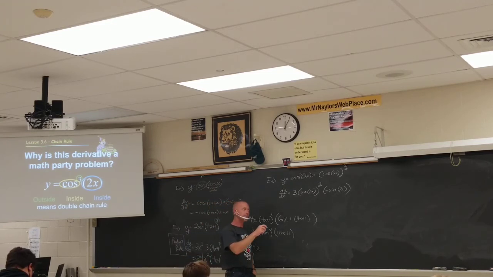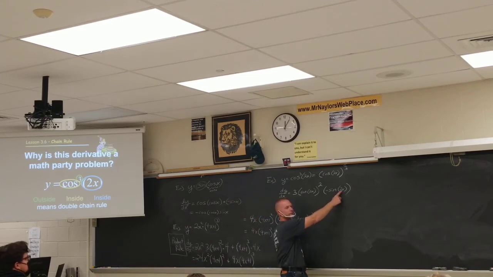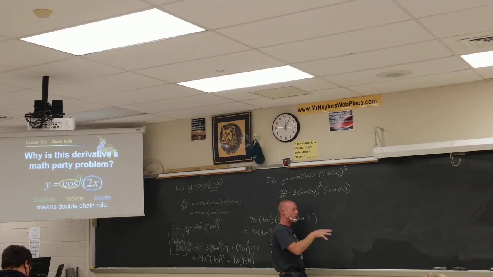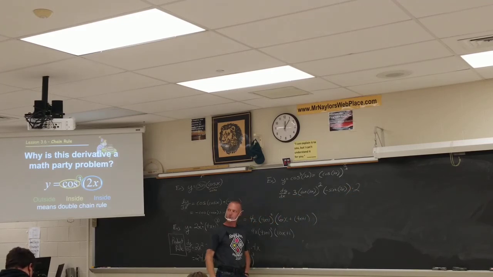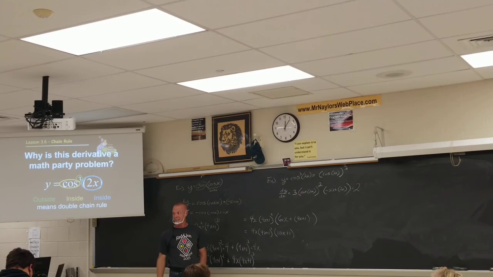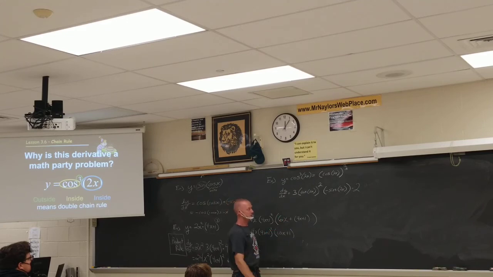And when we open it up and leave the inside alone, of course, we see that there's another inside. And so we do the derivative of that one. So you have to work your way to the inside. This 2 that we're putting on here, it's like a double chain. In other words, there's 2 insides that required us to do each derivative.